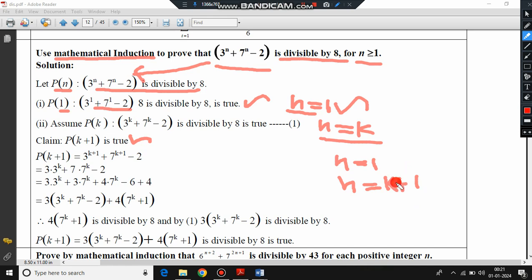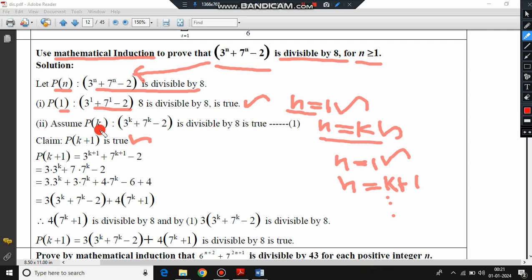Then put k equal to 2, then 2 plus 1, 3 is true, then 3 plus 1, 4 is true, then 4 plus 1, 5 is true. Everything is true. Am I right? So first we have proved n equal to 1. We assume n equal to k in this step. Now we have to prove that for k plus 1 it is true, right?